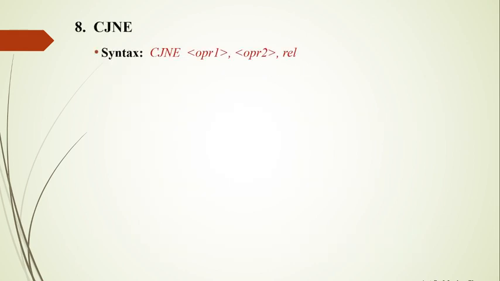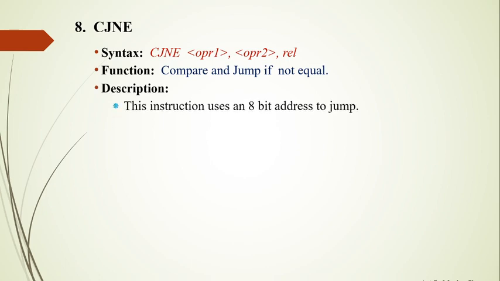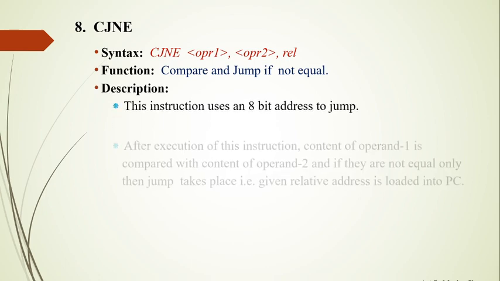CJNE. Syntax is CJNE operand 1, operand 2, relative address. So the function performed by this instruction is compare and jump if not equal. So this instruction again uses the 8-bit address to jump.